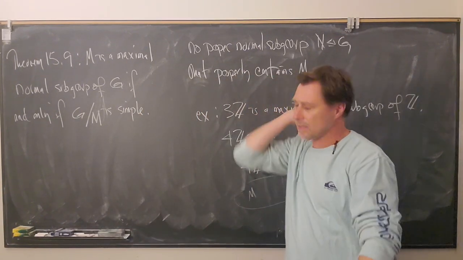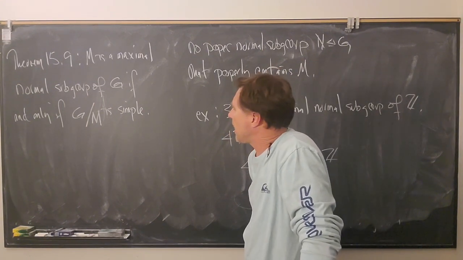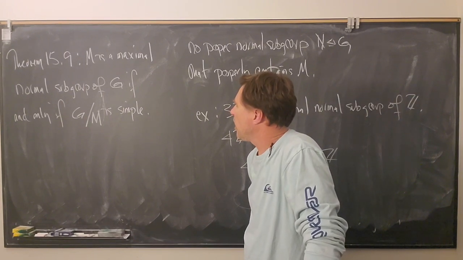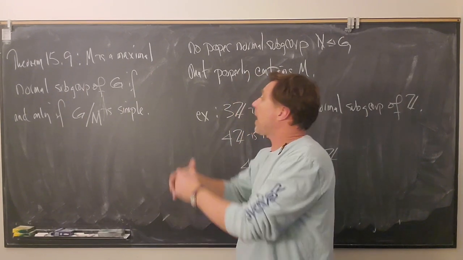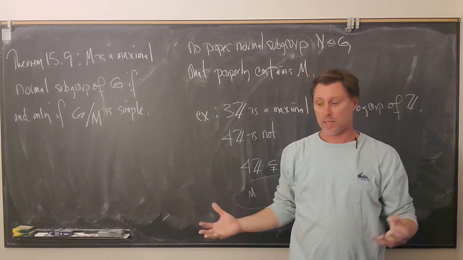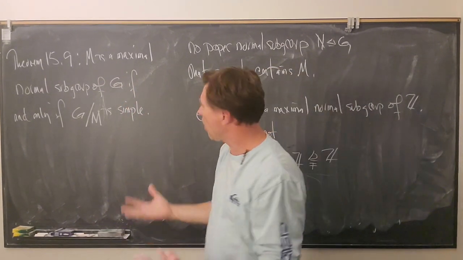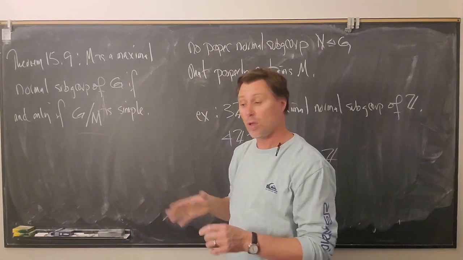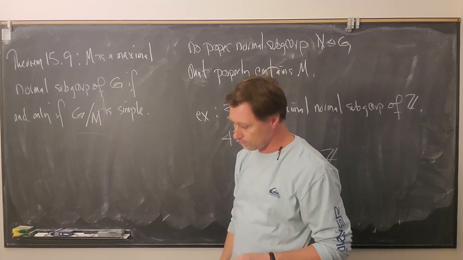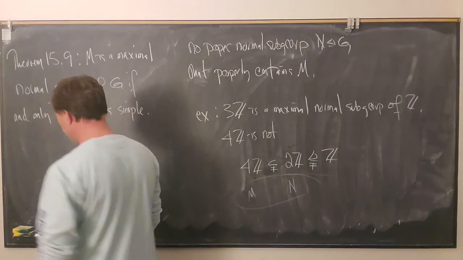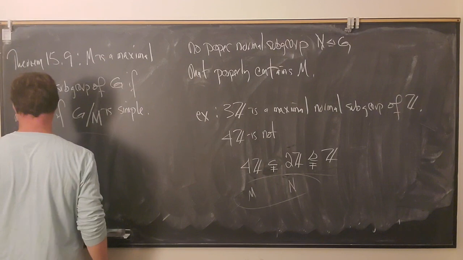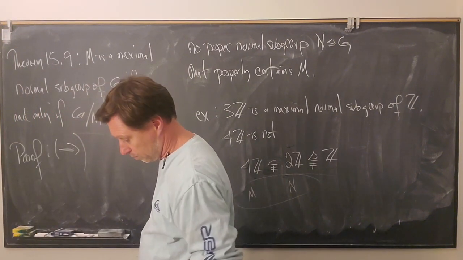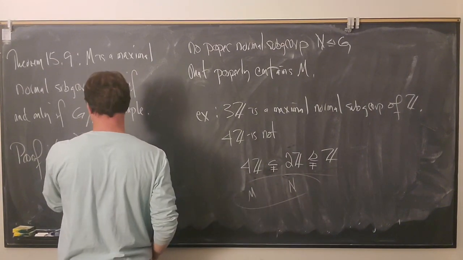Somehow what it's saying is that to get a quotient that is a simple group, you need to quotient out by a normal subgroup that is as big as possible. And by doing so, in the quotient, you kill off the possibility of any non-trivial proper normal subgroups. Okay, so for the proof, let's assume we're going in the forward direction first.